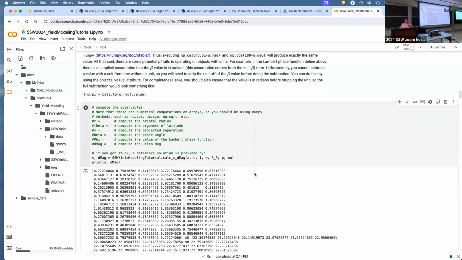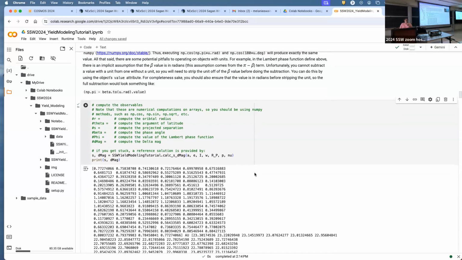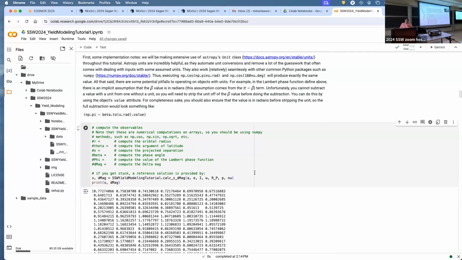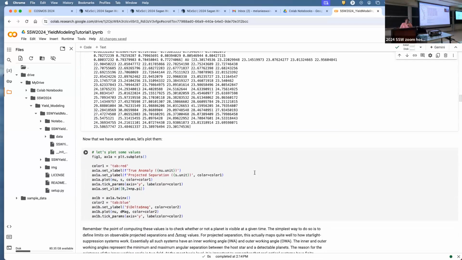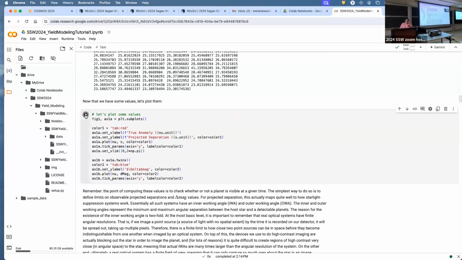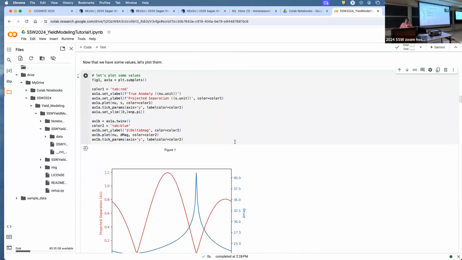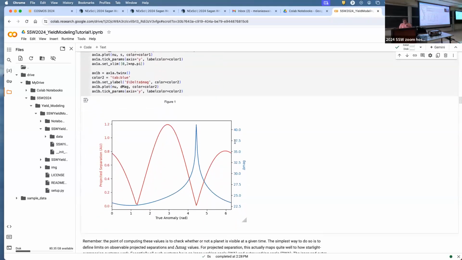All right, so in exercise 1, then, we're calculating those key parameters and getting to the point here where we can generate a plot, which looks like this. If we're looking at it as a function of the true anomaly, then we can see our two observables here, the separation and the delta magnitude.